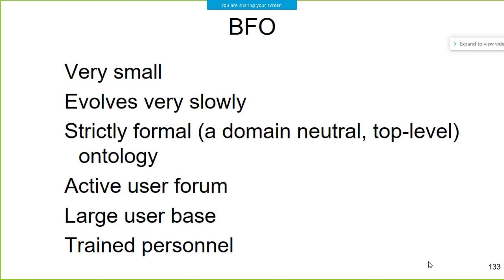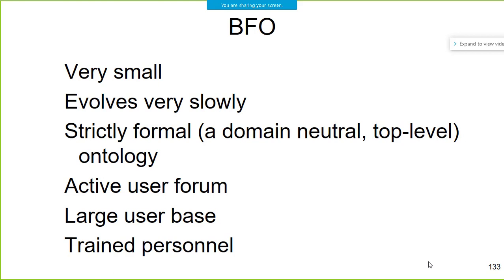All right, now it's strictly formal, not in the sense of formal logic, but in the sense of formal versus material. It doesn't have any specific matter which it pays attention to. It's completely domain neutral. So just as the Gene Ontology is species neutral, so BFO is domain neutral. It works for astronomy as well as it works for philately or coin collecting.